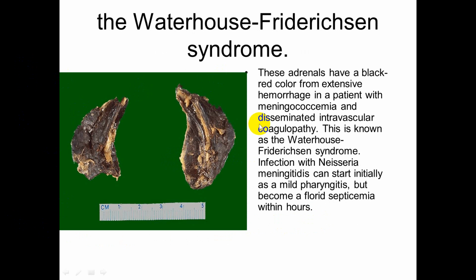In this picture, macroscopic signs of Waterhouse-Friderichsen syndrome. These adrenals have a black-red color from extensive hemorrhage in a patient with meningococcemia and disseminated intravascular coagulopathy. This is known as Waterhouse-Friderichsen syndrome. Infection with Neisseria meningitidis can start initially as a mild pharyngitis but become a florid septicemia within hours.